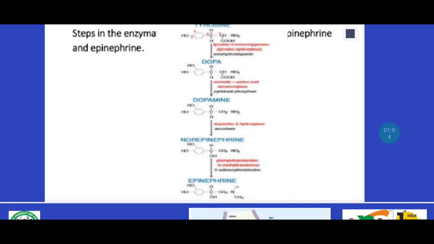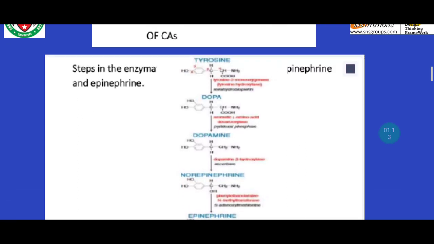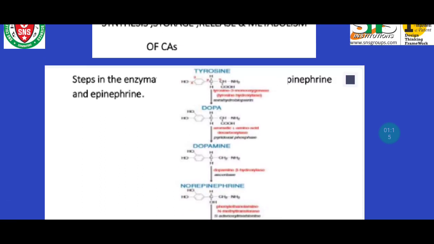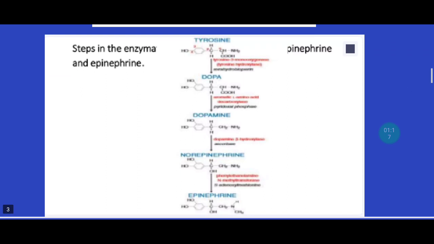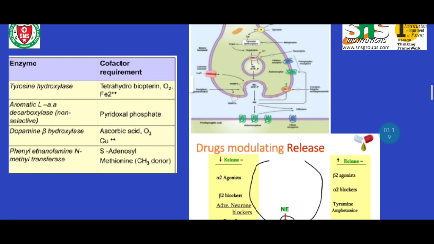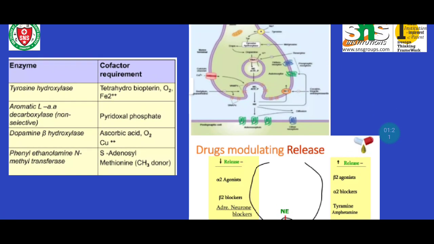This norepinephrine is stored in the storage vesicles of the nerve terminals and it is going to convert into epinephrine. This is the biosynthetic pathway of the catecholamines.